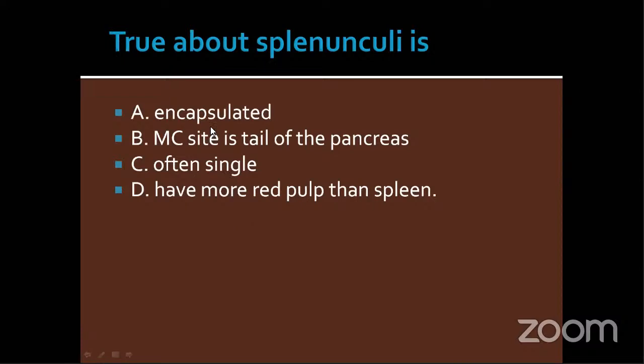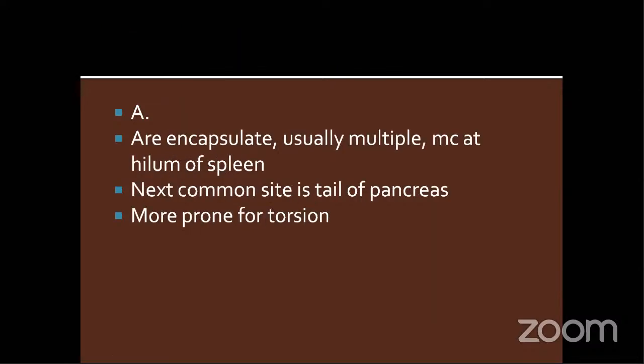So the most relevant option would be encapsulated, because the most common site is not tail of the pancreas, it is the hilum. They are usually multiple. So the red pulp, white pulp doesn't matter. They contain almost equal amounts. Usually multiple, and the next most common is tail of the pancreas, and more prone for torsion.